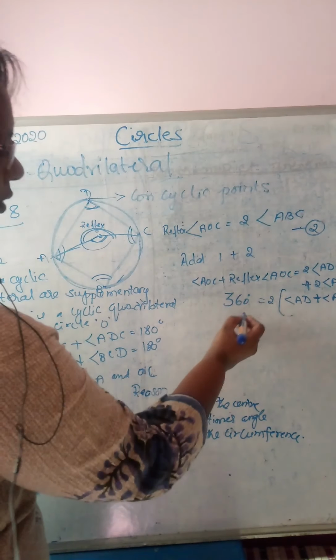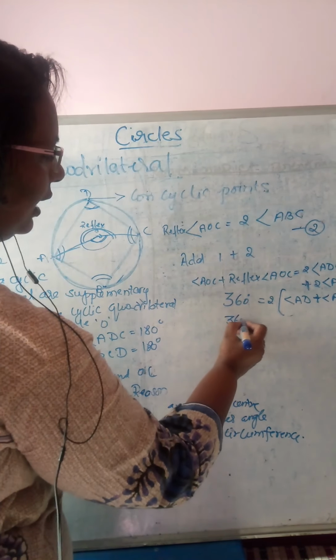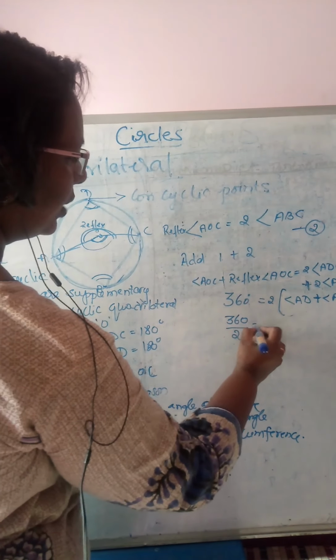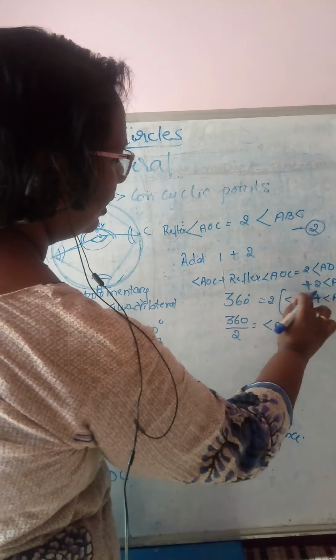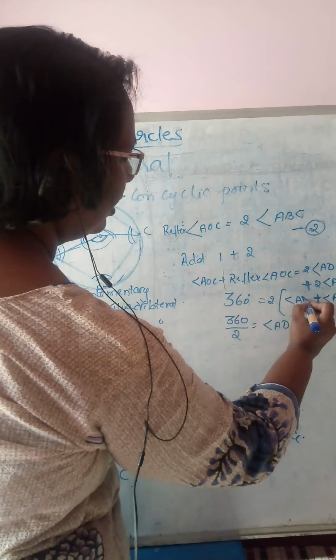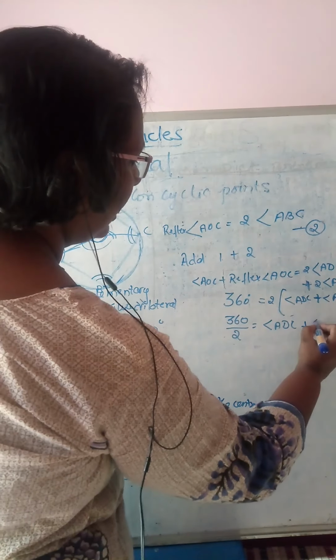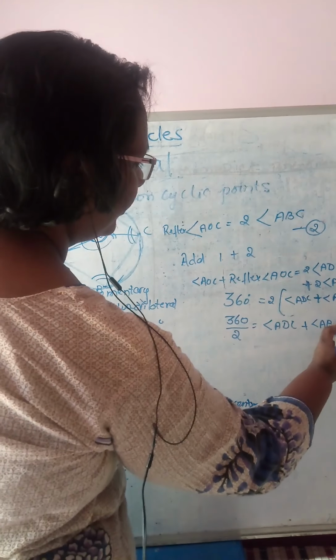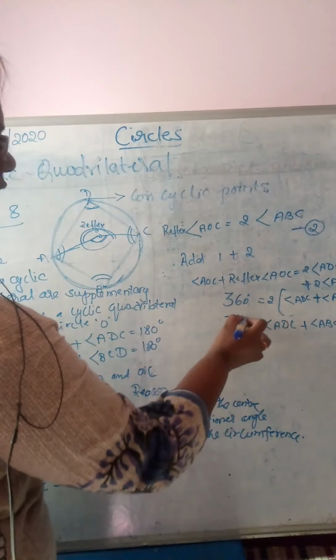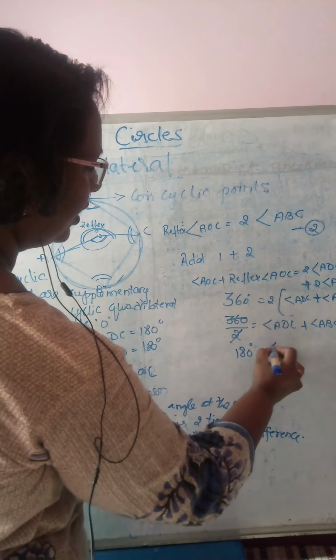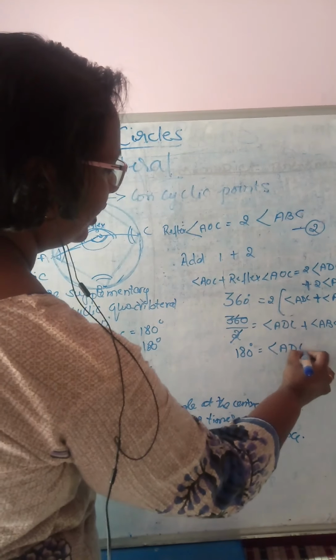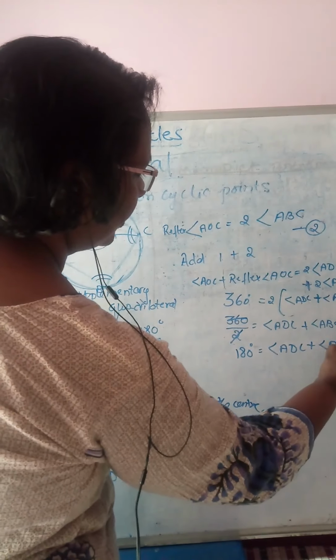Now bring this 2 down. 360 degrees by 2 is equal to angle ADC plus angle ABC. If you reduce it, it will become 180, which is equal to angle ADC plus angle ABC.